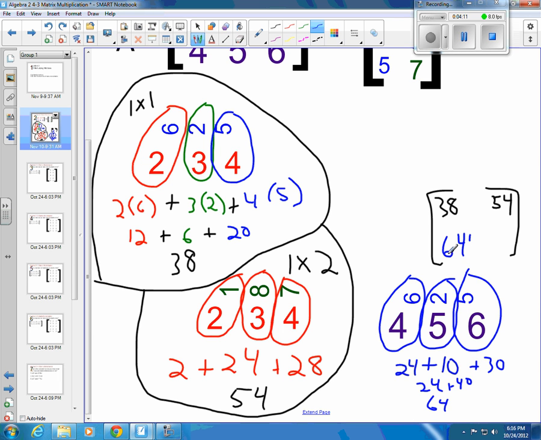So that should be my 64 here. And this was my second row times my first column. And this is my second row, first column answer. Okay. So section that off.